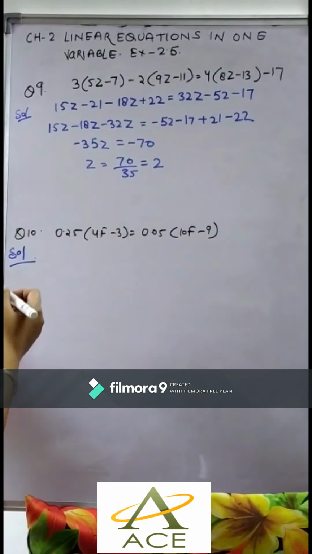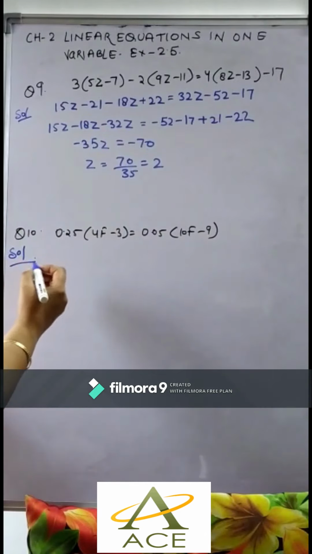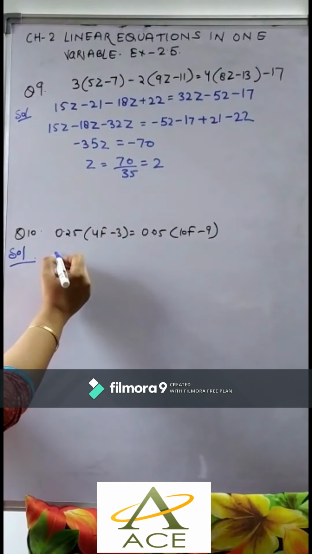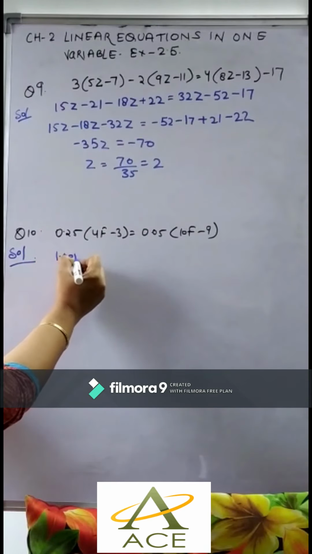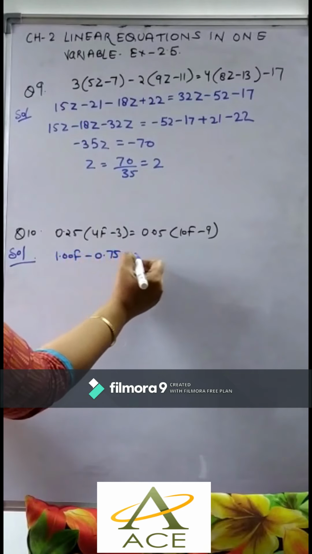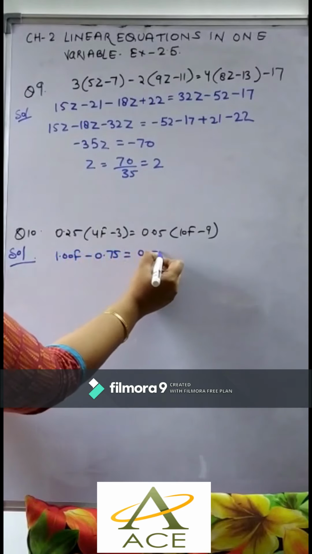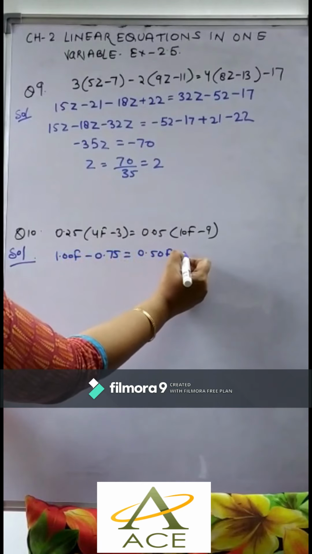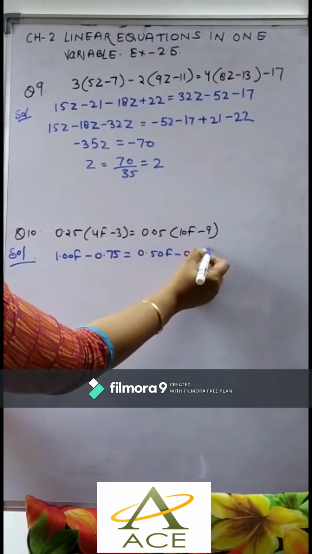Now the last question, question number 10. Again we will expand the bracket. 1.00f minus 0.75 is equal to 0.50f minus 0.45.